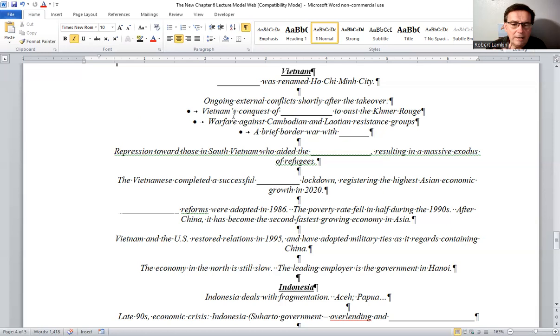Clinton's meeting with them, and they've adopted military ties as well with the United States, as we're all a little concerned about some of the shenanigans that the Chinese are involved with in the South China Sea. I know the Philippines are concerned about that as well. The economy in North Vietnam is still a little slow. Their leading employer is still the government in Hanoi.